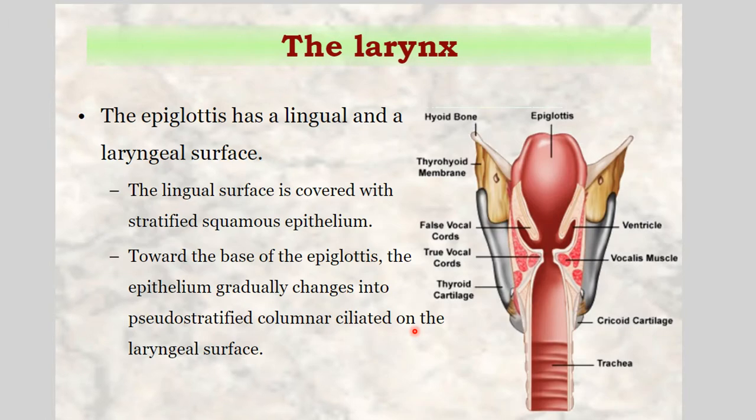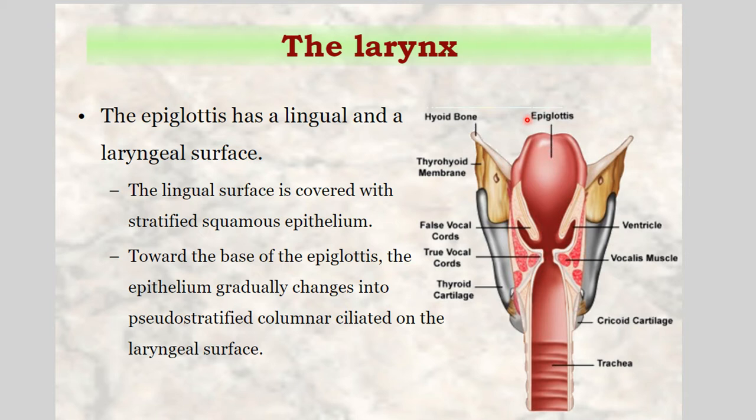Then we come to the larynx. As soon as we come to the larynx, the laryngeal inlet comprises a major structure known as the epiglottis. So the epiglottis has a lingual surface and a laryngeal surface.